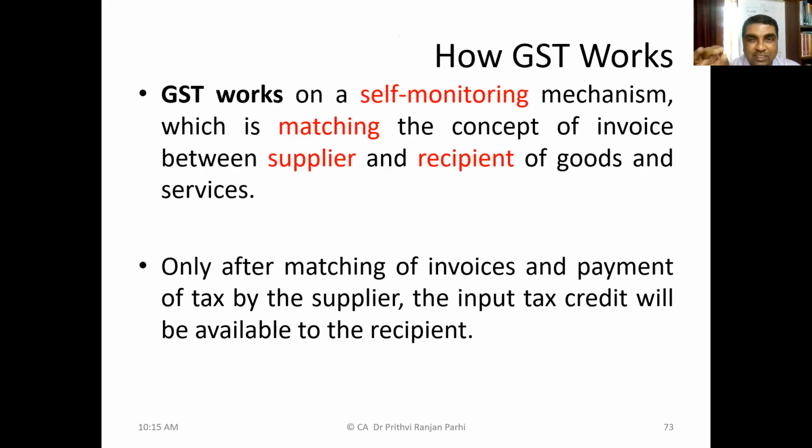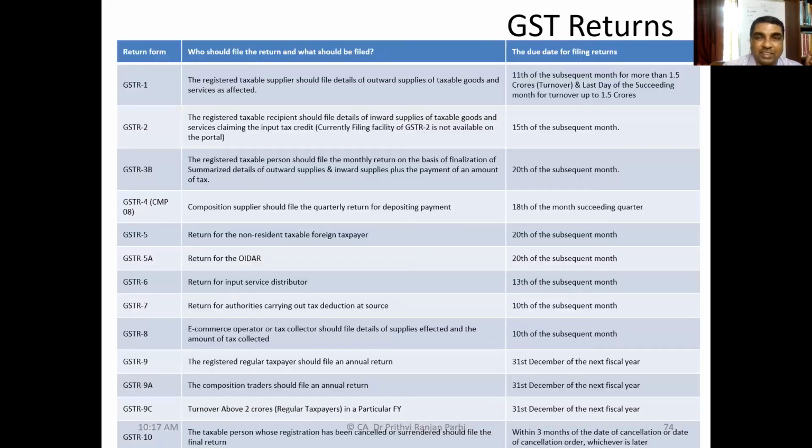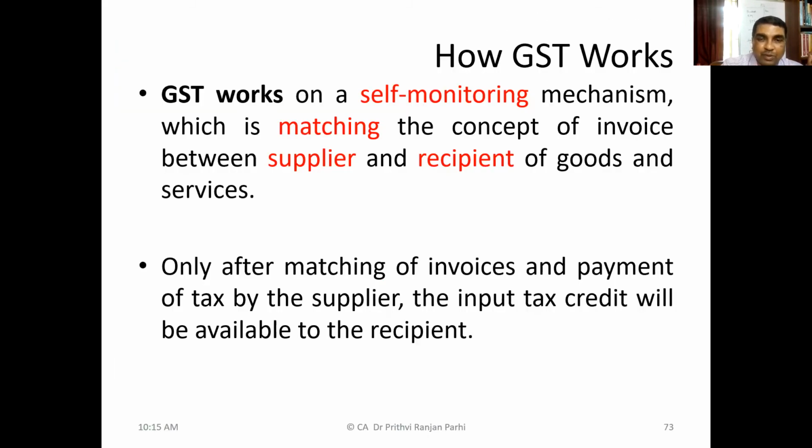That's why it is called a self-monitoring mechanism, which matches the invoice between the supplier and the recipient of goods and services. Only after things get matched is one eligible to take input tax credit. Okay. Understood?